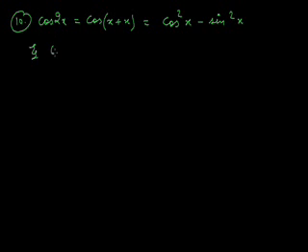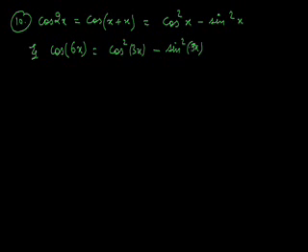For example, if you want to find the value of cos 6x using this formula, it will be cos square 3x minus sin square 3x. Whatever is the angle over here, you just have to halve it over here. So half of 6x is 3x.